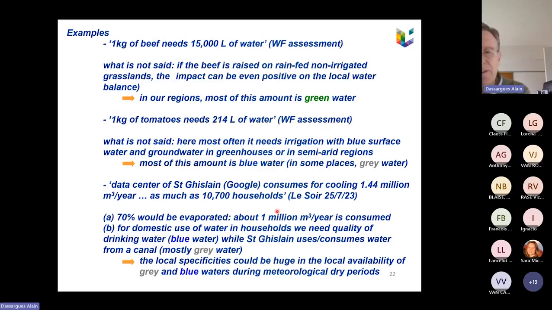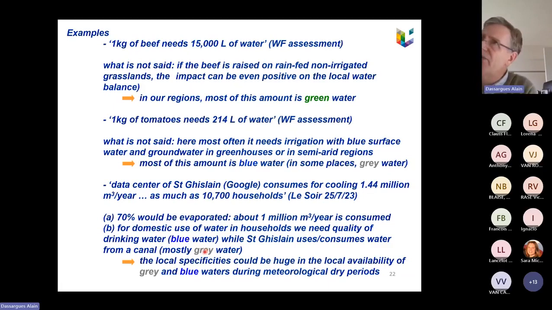For domestic use, this comparison with the households is somewhat biasing, I think, because for domestic use we need water that is of very high quality. So in fact, for domestic use, we use drinking water, blue water, while in practice, Saint-Ghislain is consuming water from a canal, which is mostly grey water already.